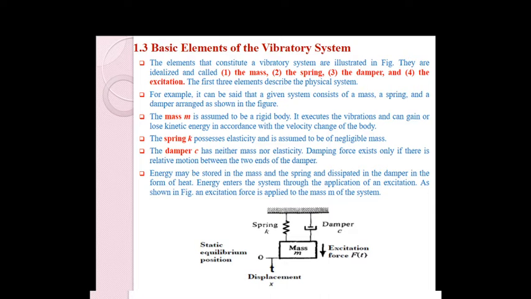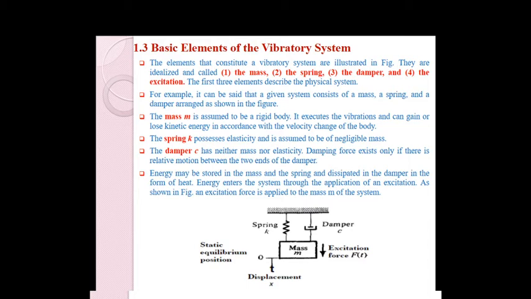It is a representation, my dear friends. If we apply force on the mass and the mass is elastic, then it also executes vibration. But to represent the total system, the spring gives the representation of the elasticity of the total system.